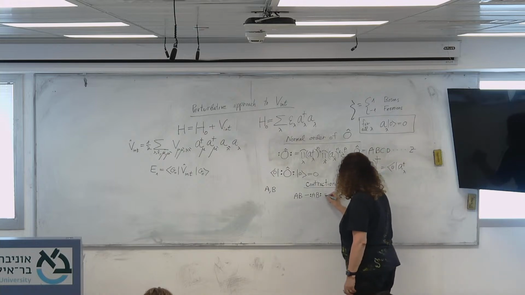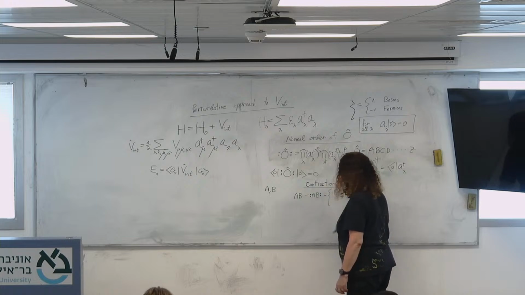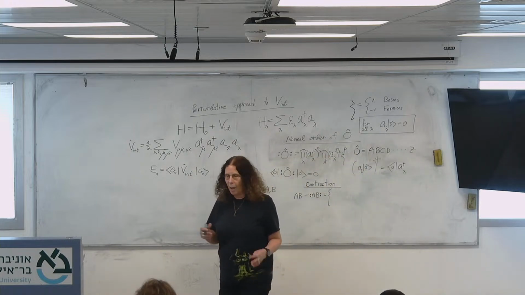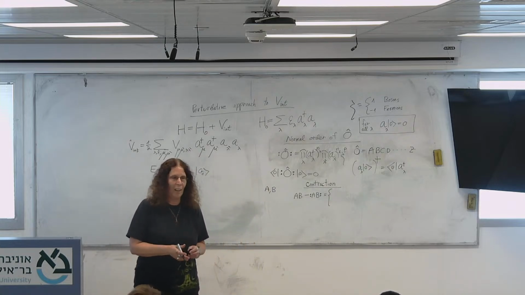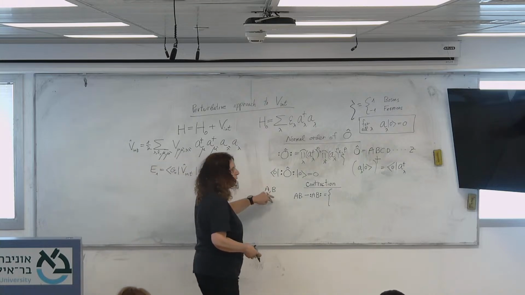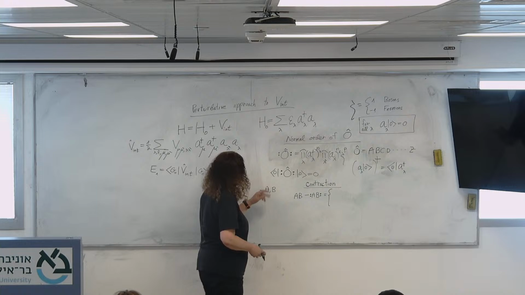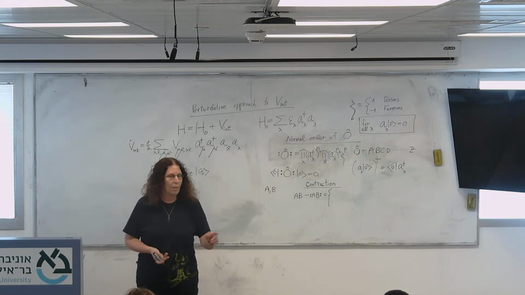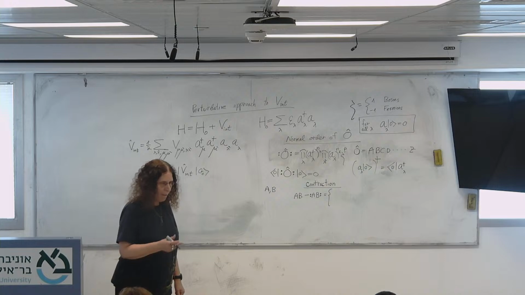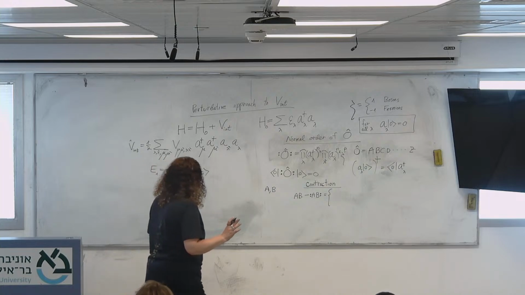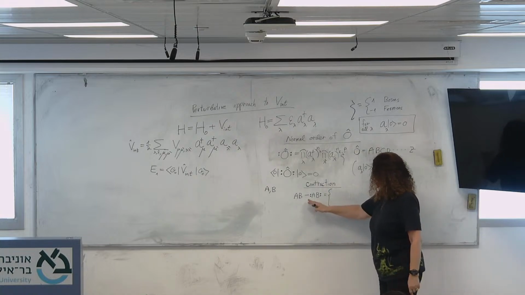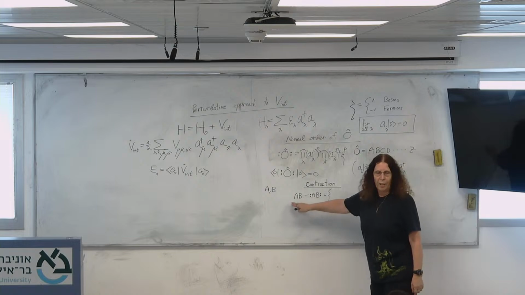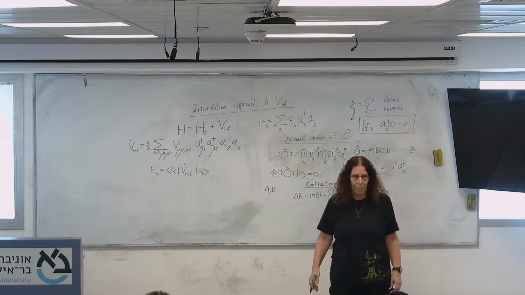Okay, so now let's see what it can be. And A and B represent either creation or annihilation operators. There can be two creation, two annihilation, or one like this and one like this. Okay, all the four combinations. Yeah? Okay, so first of all, you see that if AB is already normal order, okay, it could be that it's already normal order.